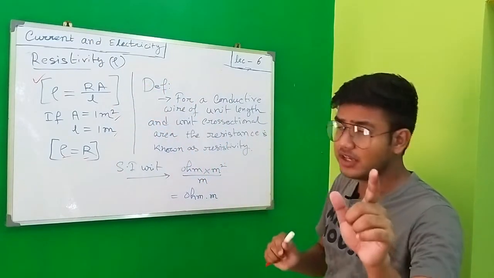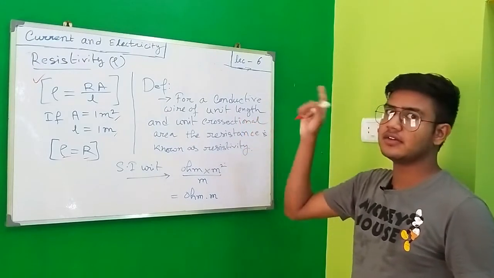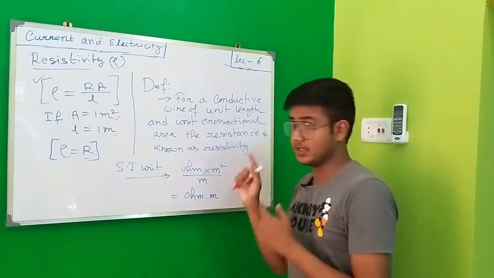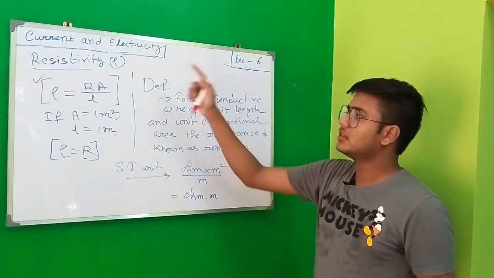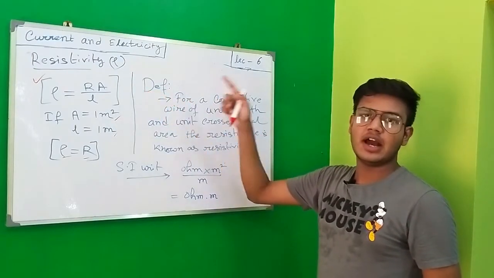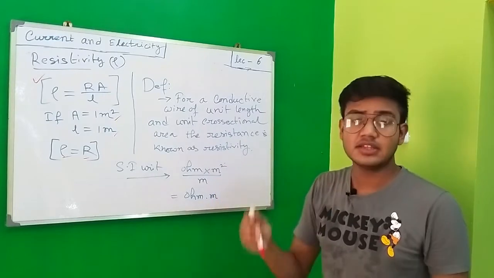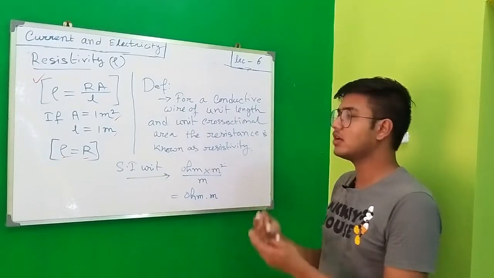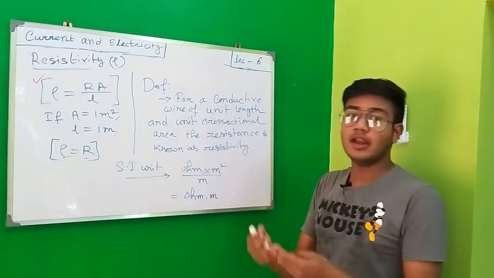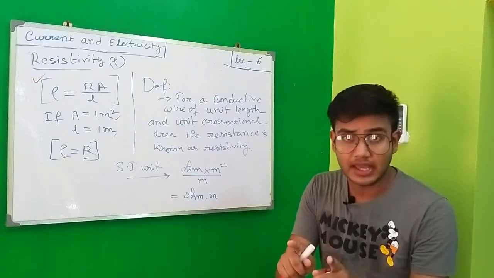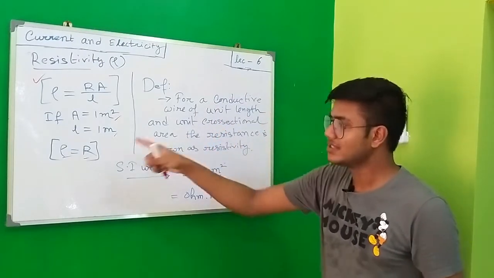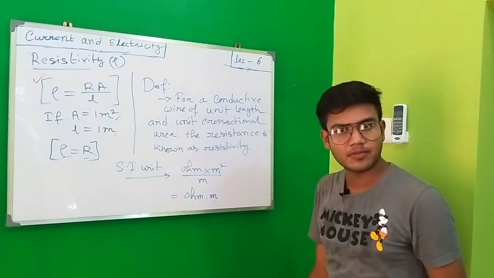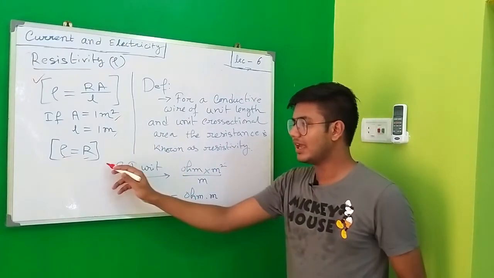So we can define resistivity this way: for a conductive wire, if the cross-sectional area and the length are unity, that means you have unit cross-sectional area and unit length, then the resistance of that wire is known as resistivity. Clear?